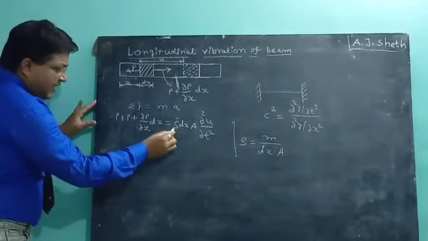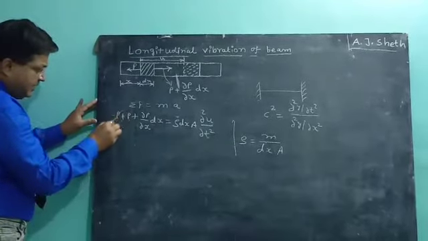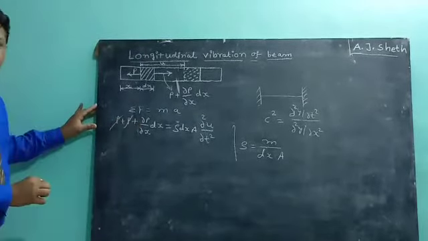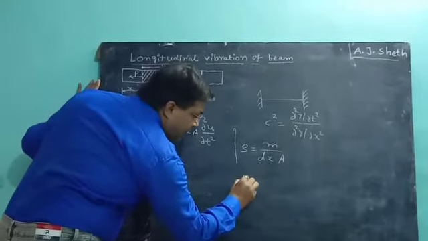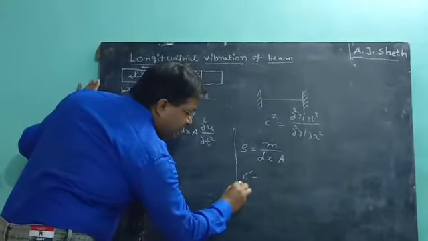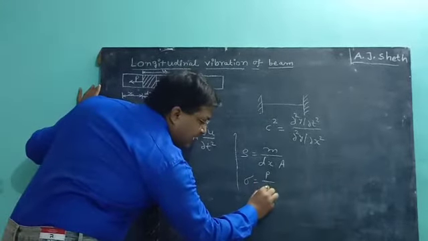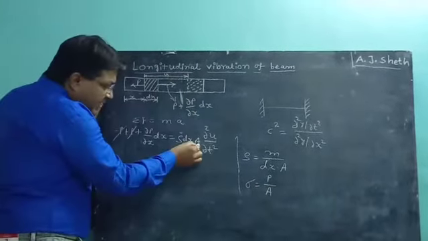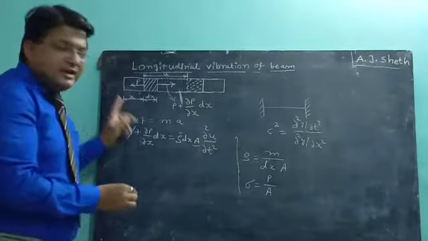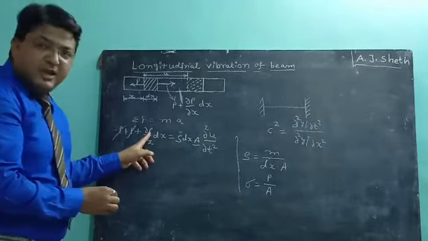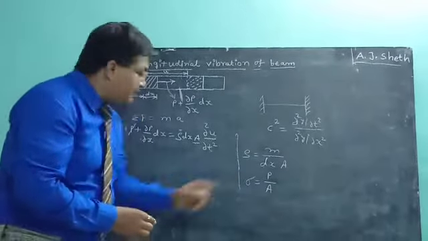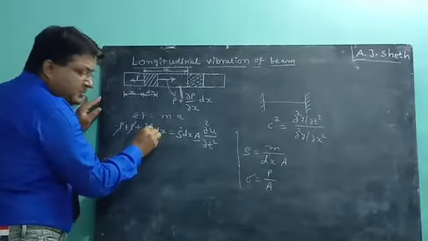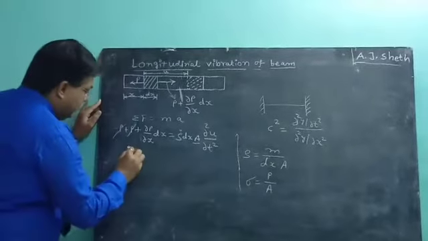Now we have minus P and plus P, they are nullified. Now stress sigma is equal to load upon area. We have an area term here, that's why P is to be replaced by stress sigma into area. So we are going to replace P by sigma area.